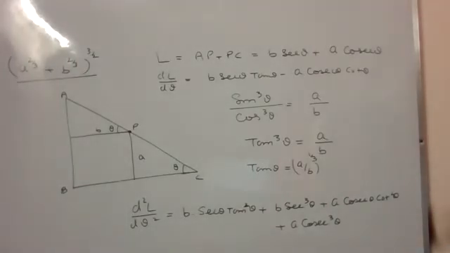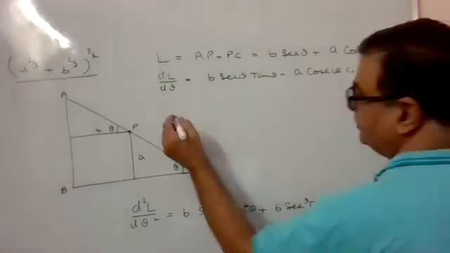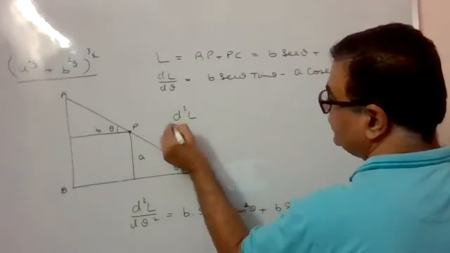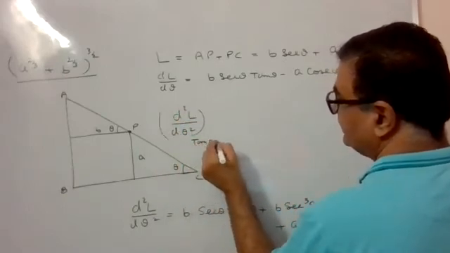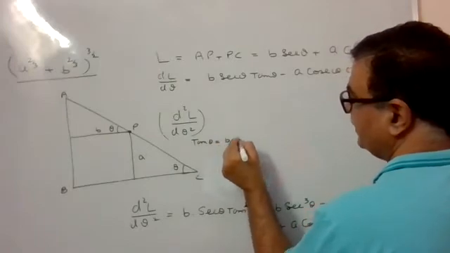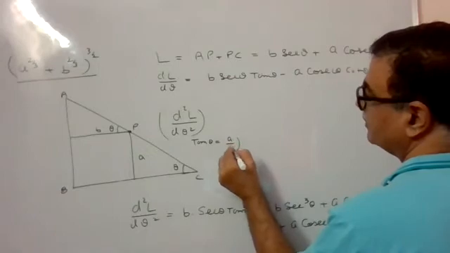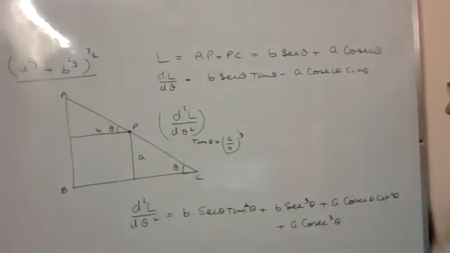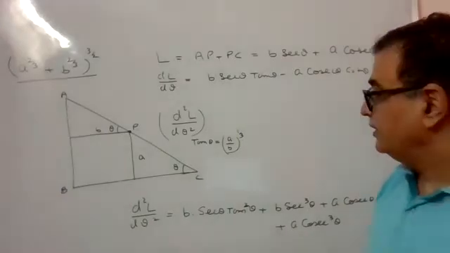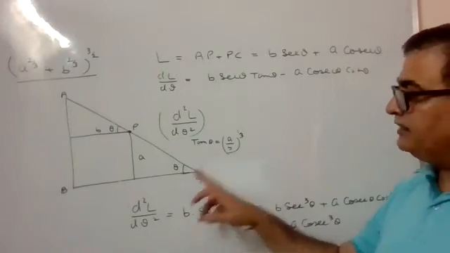And now we want d2l by d theta square at tan theta equal to (A by B) whole power 1 by 3. Now one thing you should keep in mind is that this tan theta is coming as a positive value. That means theta is acute.